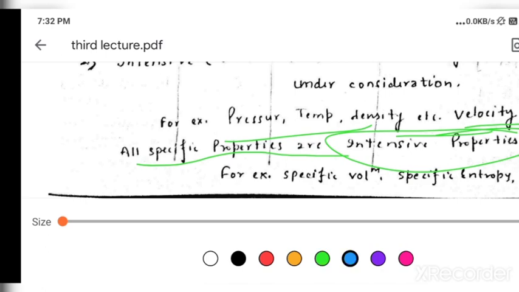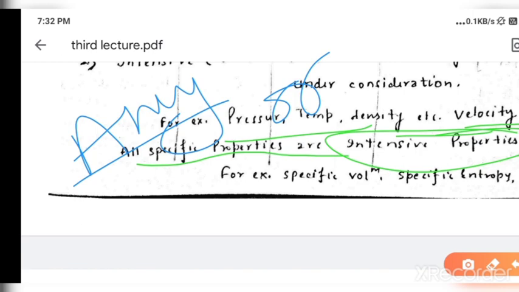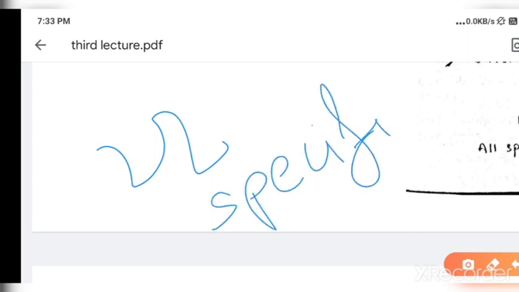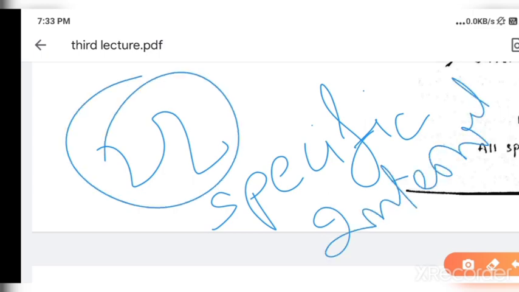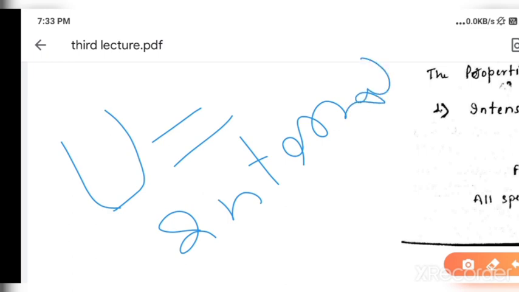So we know that any function or any property which is independent of mass is called intensive. Like if we consider small u, which means specific internal energy, as I write specific internal energy, it is also called intensive. But if in place of small u we take capital U, this is called internal energy, it is not intrinsic.